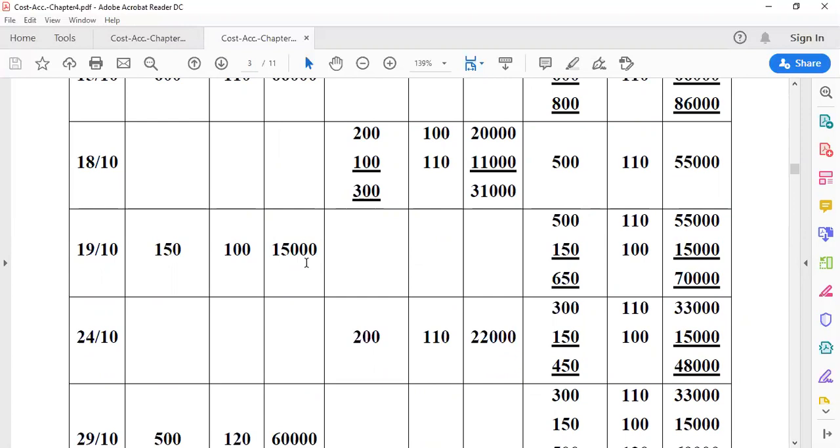Okay, dears. Now I need to write my new balance. So I have 500 with price 110. Am I right? And then I will add to them the amount of purchases, which is 150, but with its price of 100 to get 15,000.